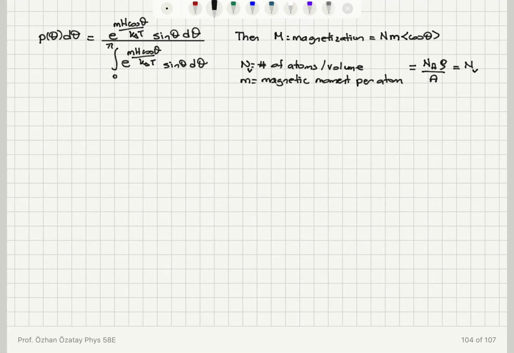So this is a mass per volume. Atomic weight is mass of 1 mole, and 1 mole contains Avogadro's number of atoms, so the masses cancel. We obtain here number of moles times Avogadro's constant, that is the number per volume, which gives us the number density, because the masses will cancel as well. So that is the number density.